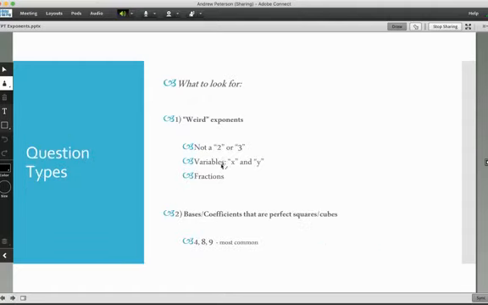So what to look for? Looks like Adobe Connect went a little wild with the bullet points here. What to look for? You want to look for weird exponents, right? Now that we know what to do, we need to kind of figure out when we're dealing with these challenging exponent questions. You want to look for weird exponents. And what I mean by that is not a 2 or 3, right?